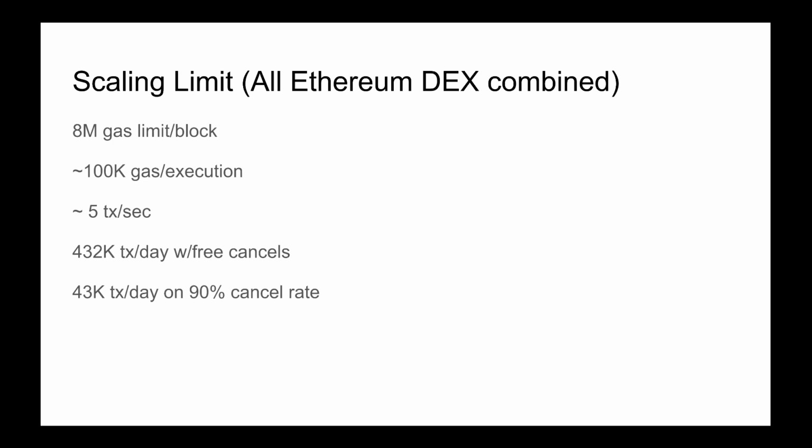So if you have a system where canceling costs gas and it costs transactions, you are looking at 43,000 transactions per day, which is very, very tiny, even in the crypto world, and it's microscopic in the whole realm of trading. So essentially, the only way DEXs can really scale into anything resembling the size of the traditional market is they have to wait for Plasma or one of these scaling technologies, right? And even then, we don't know how quickly they can adapt to it.